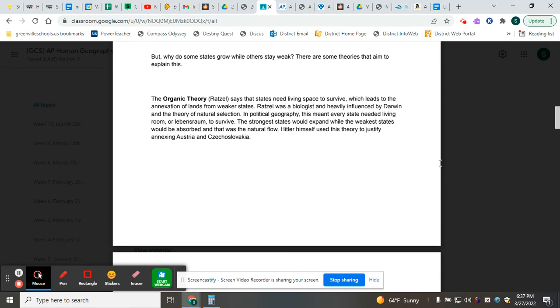The argument here is that every state needs living room, or what in Germany is referred to as Lebensraum, to survive. The strongest states would expand while the weakest states would be absorbed, and that was just the natural order of the day.